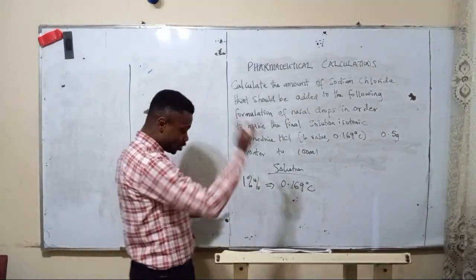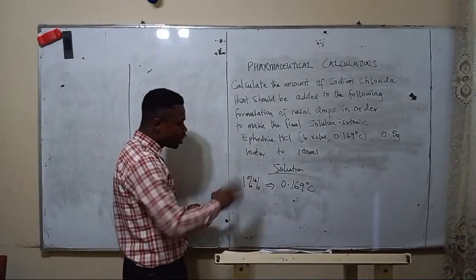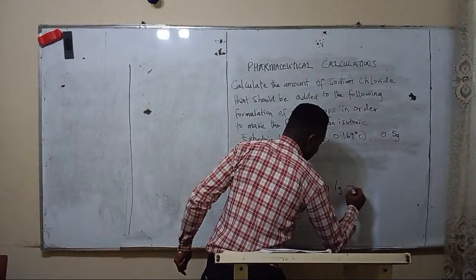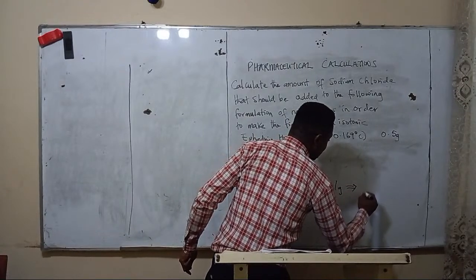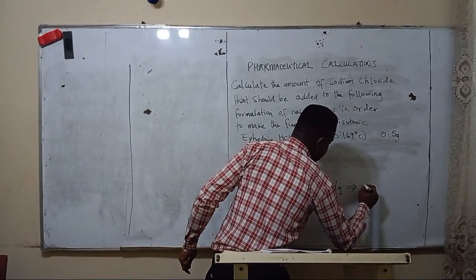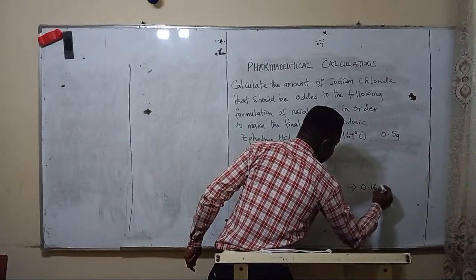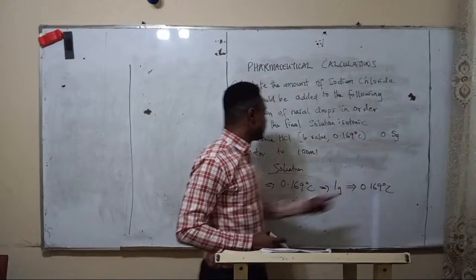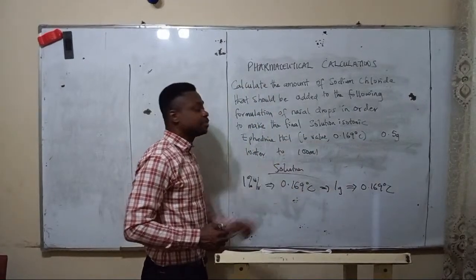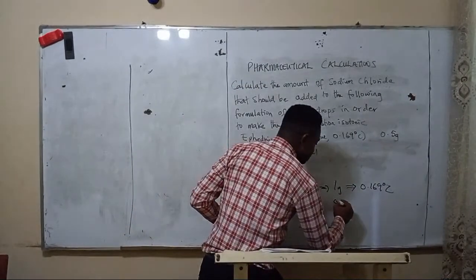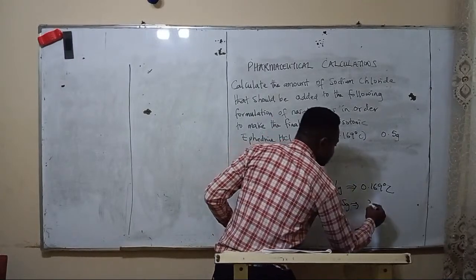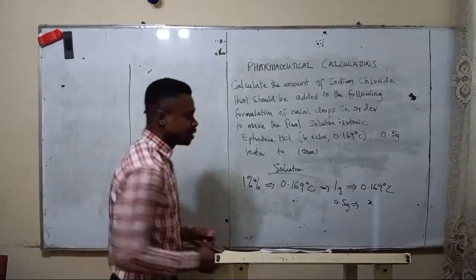It then implies that 1 gram of ethylene hydrochloride will depress by 0.169 degrees Celsius. But we have 0.5 gram of ethylene hydrochloride here in 100 ml. So simply say 0.5 gram of ethylene hydrochloride will depress by what? X.